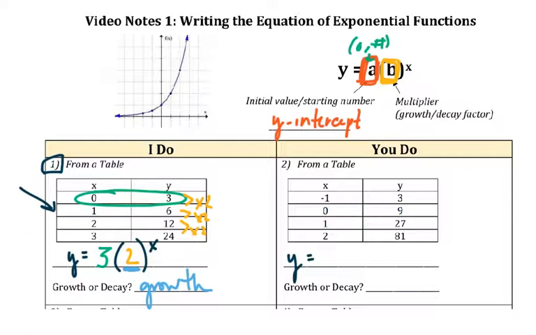Write down your y-intercept. Then figure out your multiplier, which is what they're multiplying by in each number. And then raise it to the x. It's always raised to the x. Growth is when your multiplier is bigger than 1, and decay is when your multiplier is a fraction that's smaller than 1. Okay, try number 2.